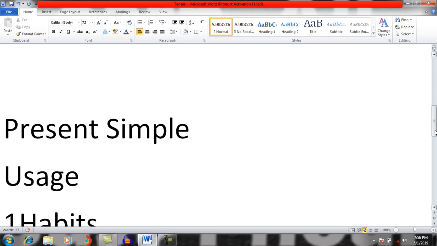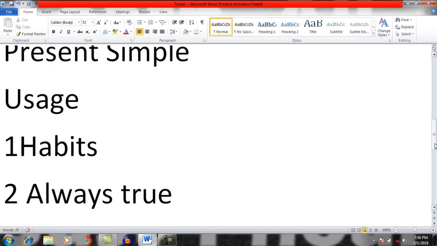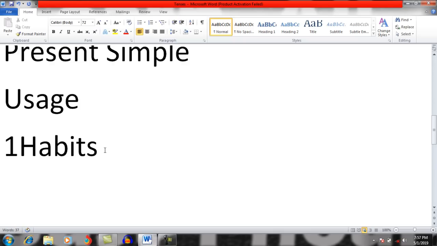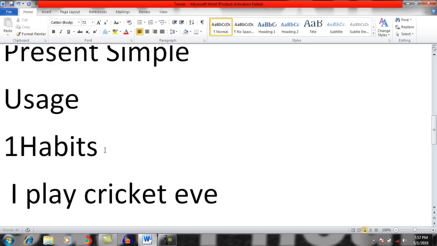Present simple, the main usage. The first usage of present simple is habits. We use present simple to elaborate habits, those actions or activities which we do as a habit. For example, I play cricket every Sunday.